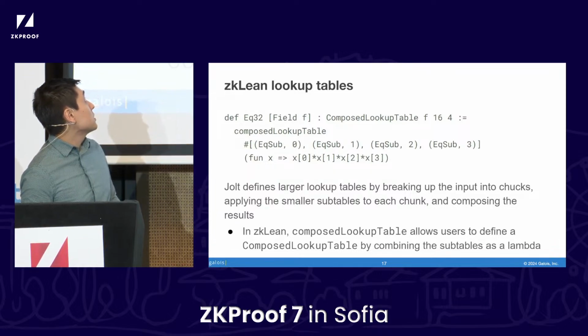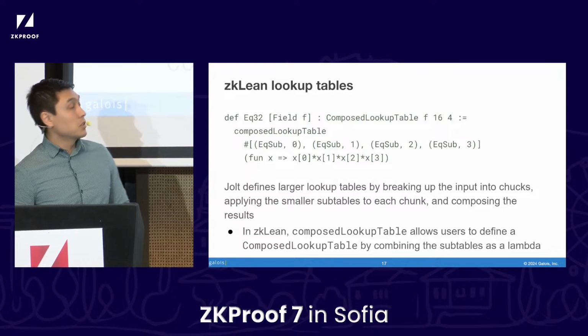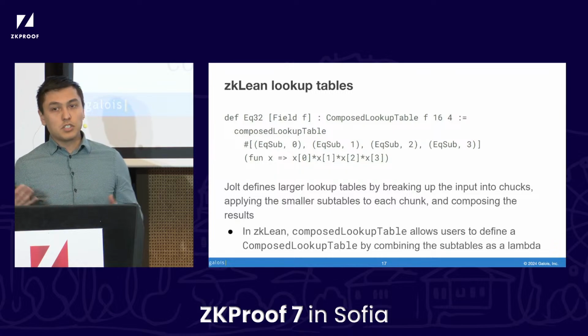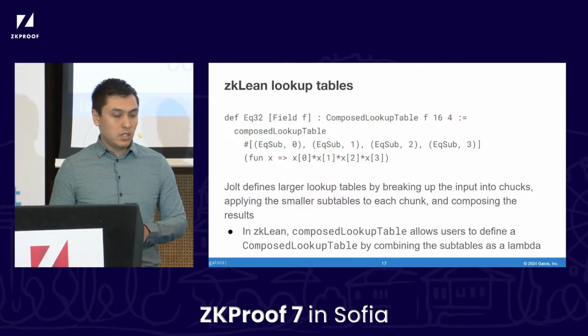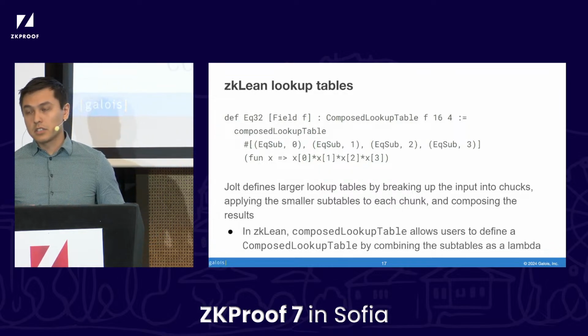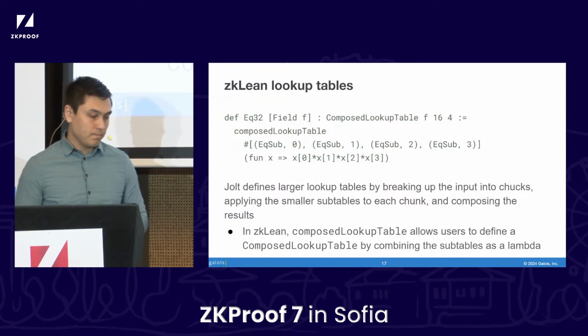So here's how you represent this in zkLean. You can see here you're defining all the subtables that you use for all the chunks of the 32-bit machine word. And then this function here declares how you combine these things together to get the higher 32-bit representation.